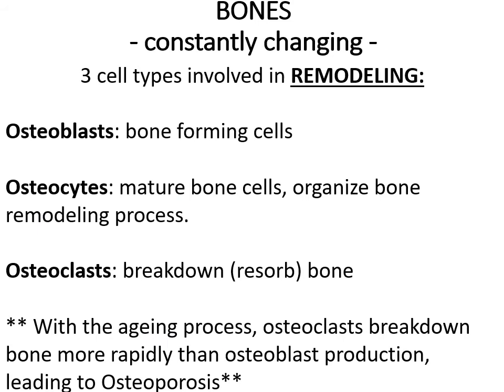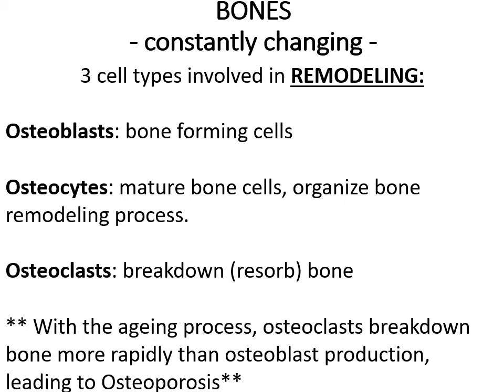Okay, when we're talking about bones, what cells do we think of? Well, osteoblasts, which typically lay down more bone. Osteocytes, which are typically mature bone cells. They can be involved in organizing remodeling of the bone. And osteoclasts, which are involved in resorption or breakdown of the bone.